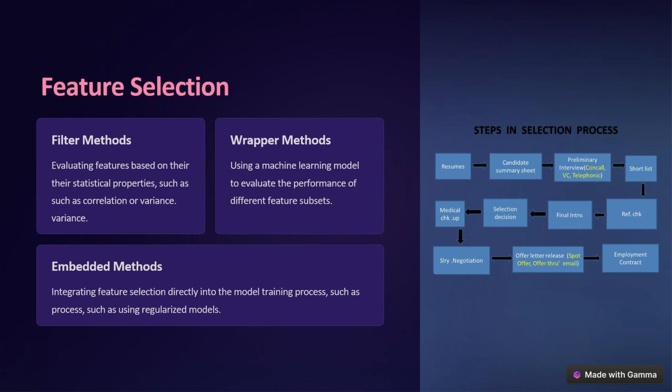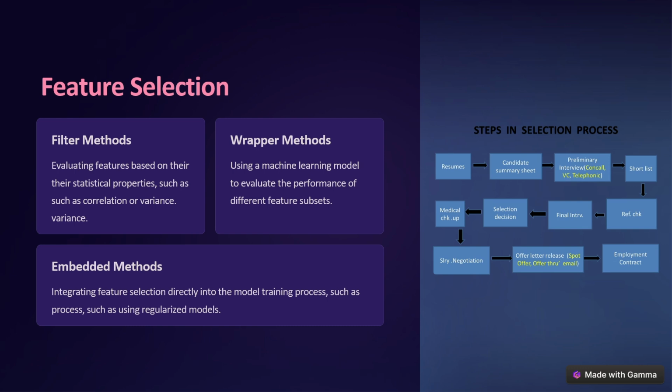Second is the wrapper method. This uses machine learning models to test different combinations of features and see what works best. It is like trying out different recipes to see which one tastes the best. Embedded method. This builds feature selection right into the model training process. It is like adding the perfect spice mix while you are cooking.